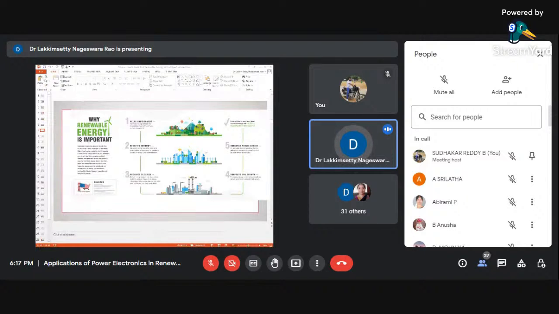Generally, if you ask why we have to go for renewable energy, why it is important, in a simple way it can be classified: it helps the environment. That means the emission rate of pollutants will be less compared to conventional fuels. And in addition to this, there are economic benefits. These renewable energy sources can bring stability to the energy price by increasing the number of sources of energy used to meet the demand.